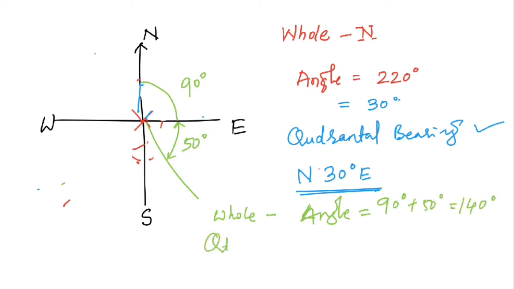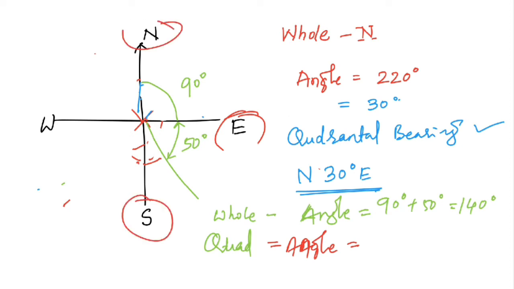Whereas in quadrantal bearing system, I'll be writing angle is equal to, here it is a 50, but I am not supposed to take this 50 as our angle, because as we know, in the quadrantal bearing system north and south are references.